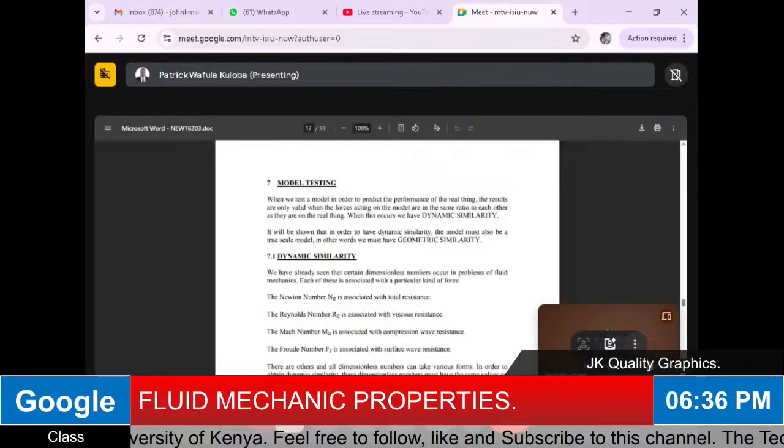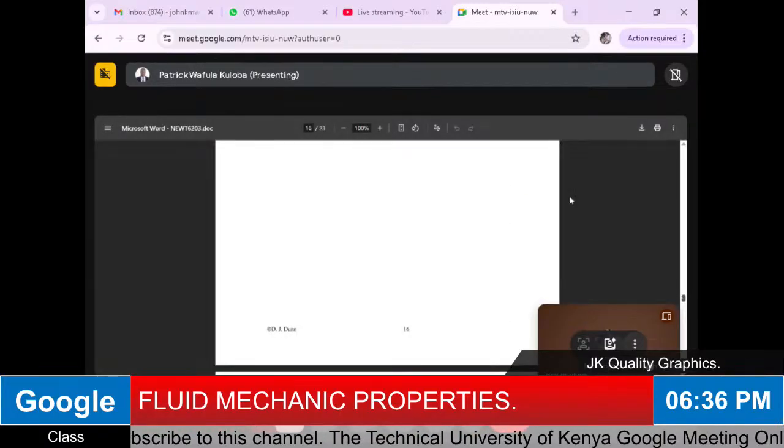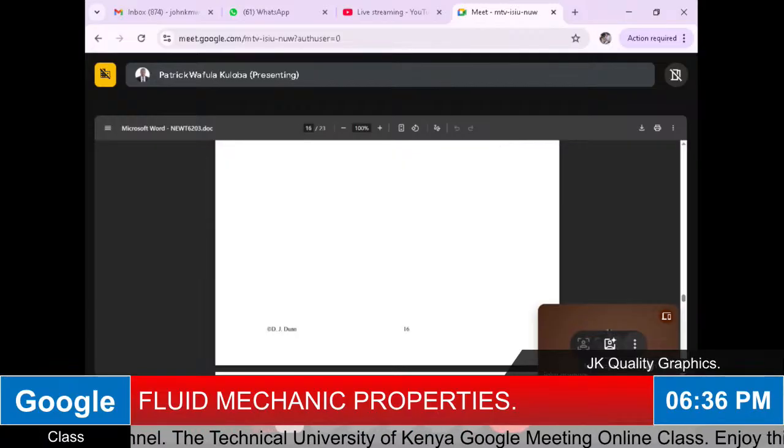There are some few notes here, but we're not going to use this. I'm looking for another handout which I've sent to you. Let's just go through it and see how modeling is used in dimensional analysis.